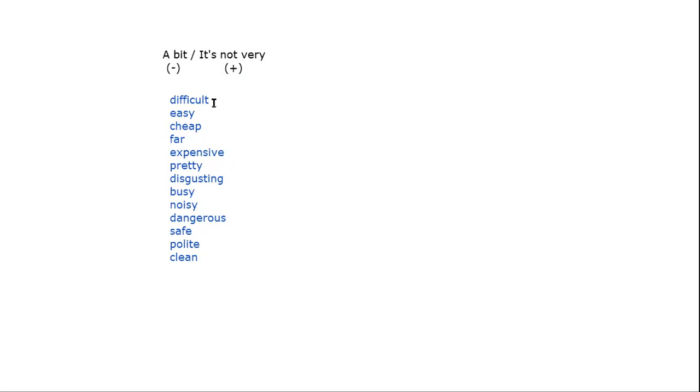Ojo, aquí en esta parte nosotros vamos a emplear mucho o van a tener que estar pilas a lo que son los adjetivos y sus opuestos. Y casi siempre todo adjetivo tiene su contrario, su opuesto. Si algo es difícil, ¿cuál sería el opuesto? The opposite. Difficult is easy, right?